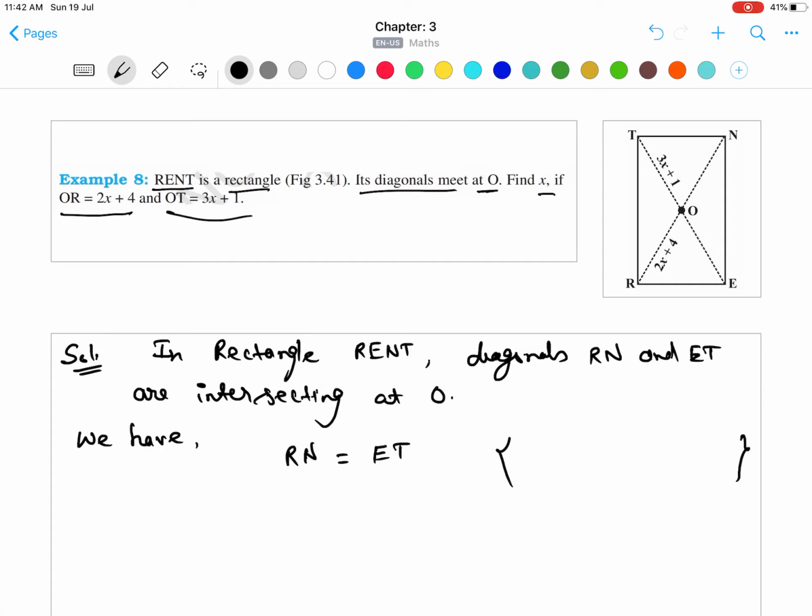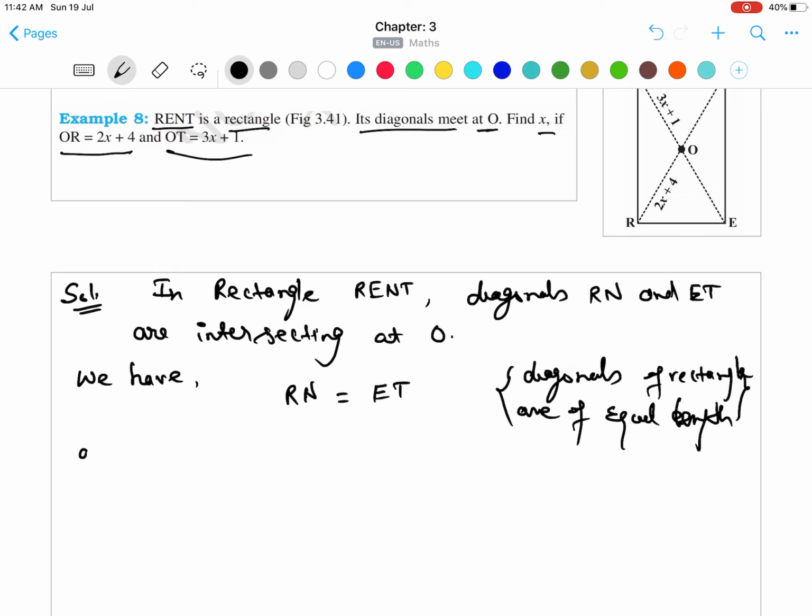Because the diagonals of a rectangle are of equal length. That's why they are equal.